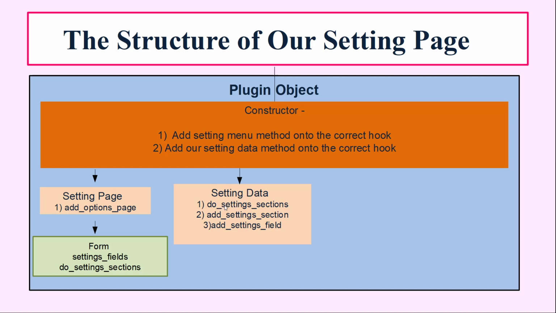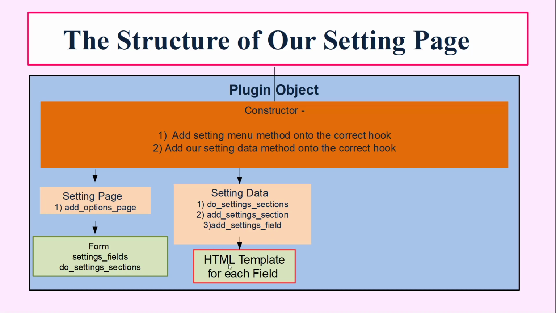So that should be register, not do settings sections. We registered our section. We then added our setting section. We created one called main, and then we added 3 fields. That title field, then we will be adding the animation style field, and then the number of hearts field.